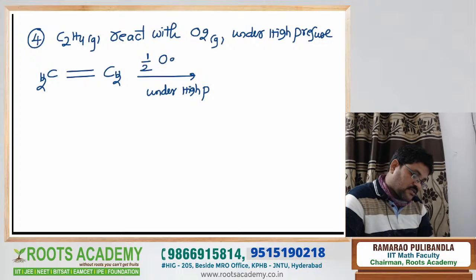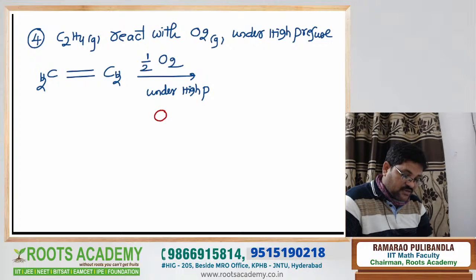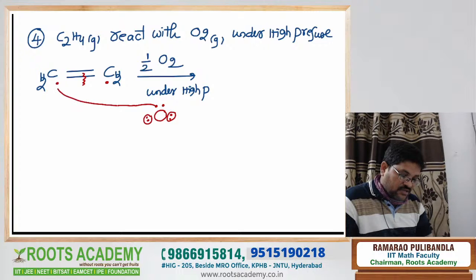I am writing the O2 gas like this: half O2 gas. Half O2 gas means what? Half O2 gas means a nascent oxygen atom. What is a nascent oxygen atom? A nascent oxygen atom has 6 electrons. Oxygen belongs to the 6th group. Now, one of the pi bonds breaks down. What do you get? A dot here, a dot here. Now, this electron combines with this dot of the pi bond. And what do you get?